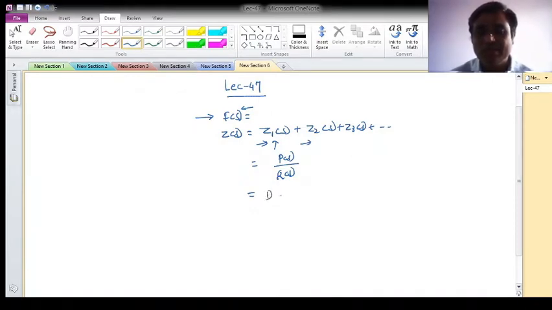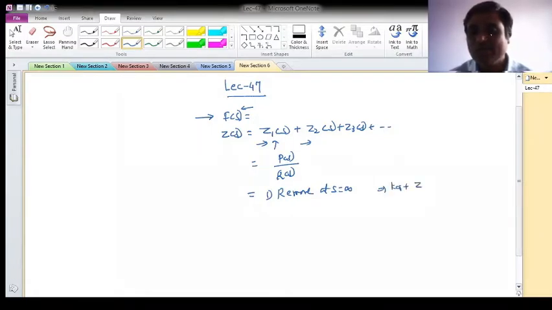One case will be that you remove the pole at infinity first, and once you remove the pole at infinity, whatever remainder impedance you get will obviously be PR also. Then second, you remove the pole at S equal to 0, that is at the origin, and this will be K0 by S plus the next impedance, which will be Z2 of S.